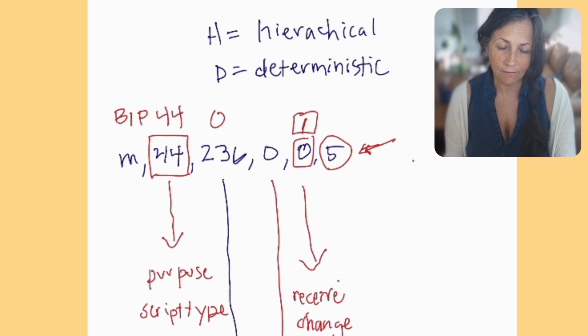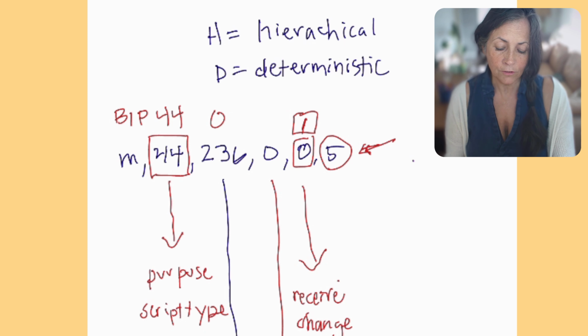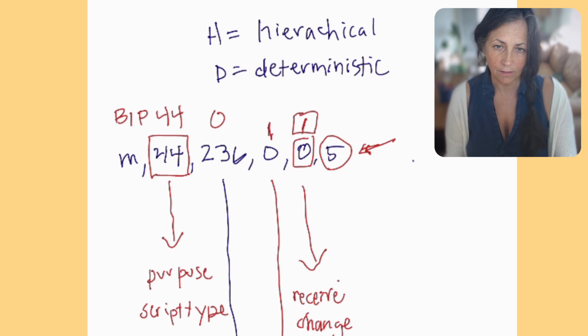Okay, and this last one, 5, that is once you've determined where you are in your tree for this particular address, this refers to the number of that address. So for example, if over here in account you were at the second in the string, because we always start at 0 here for number 1, counterintuitively.